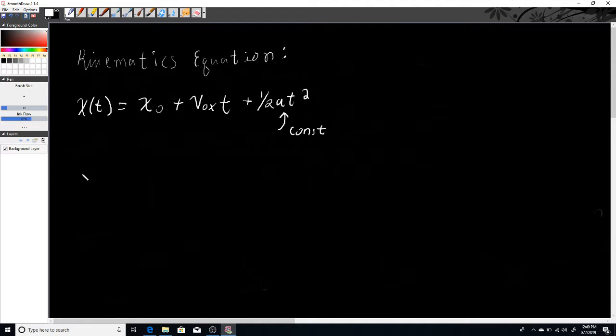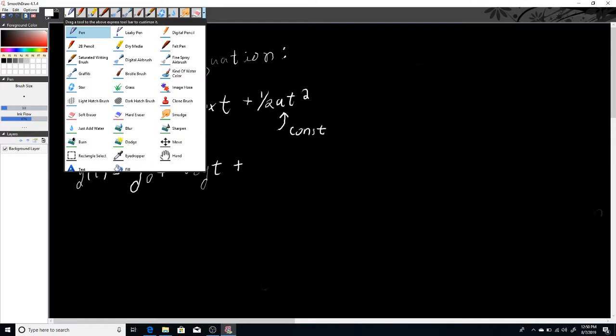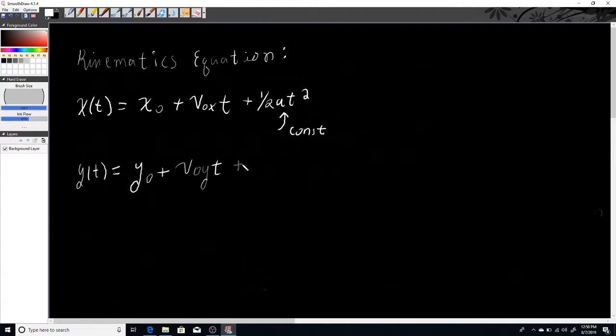We can also have a description of position in the y direction with respect to time, which is the initial y position, plus the initial velocity in the y direction times time, plus, or I should say minus, and I'll tell you why, minus 1/2 of g t squared.